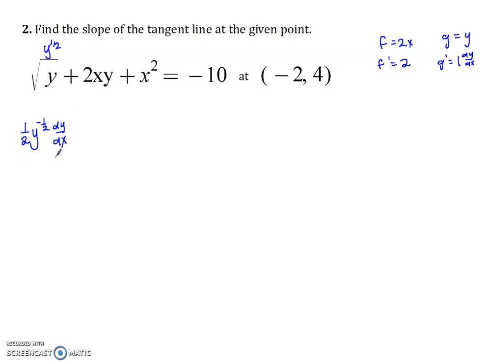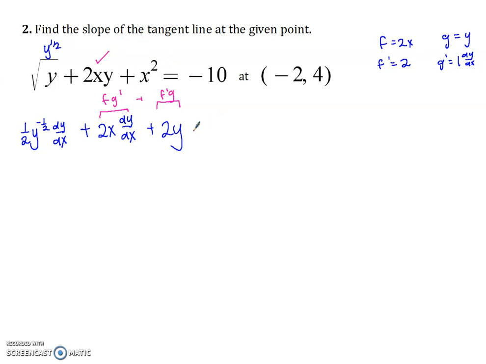So we're going to have the derivative of square root of y plus f times g prime, so 2x times 1 is just 2x, and always tack on that dy dx at the end, then plus f prime times g, so that's just 2y. So this term was my f g prime, then that term was my f prime times g. So that's that derivative.